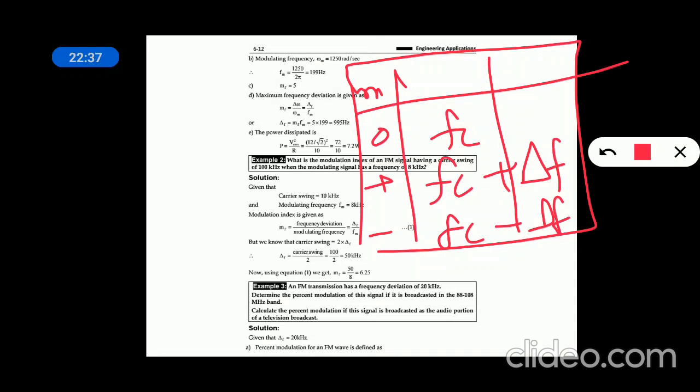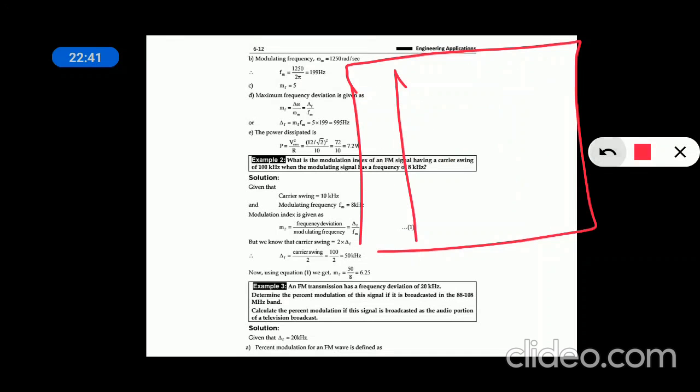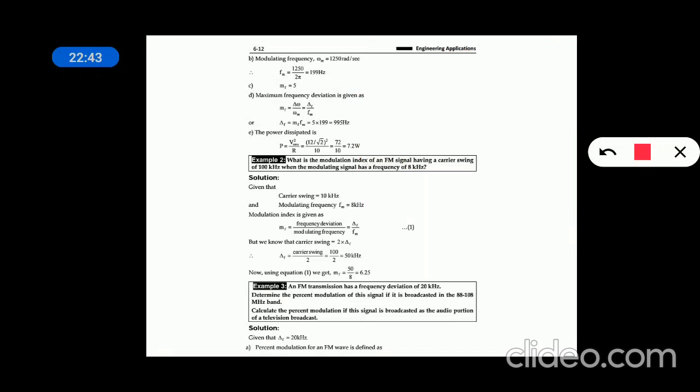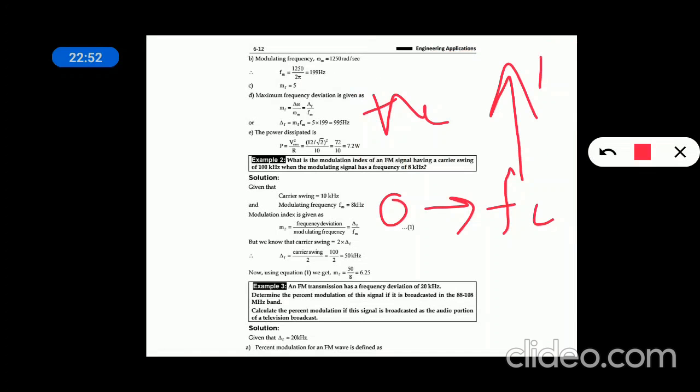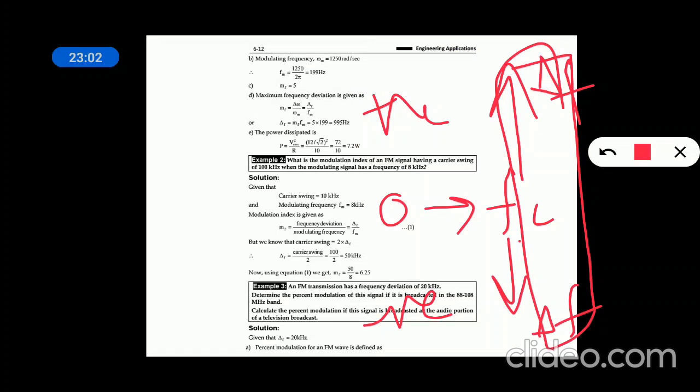That means when there is zero message, the frequency is maintained as it is. When there is positive message, the frequency is increased by delta f. When there is negative message, the frequency is decreased by delta f. So this total variation is nothing but carrier swing.